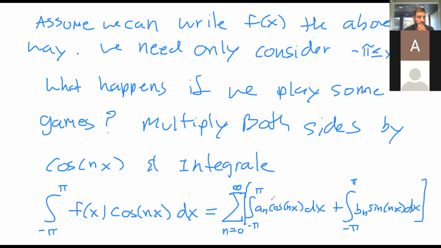I have a question. Yes. Like, did you multiply cosine nx on the right side? No, I did not. That's important. That would have been bad. So let me also clarify something else.